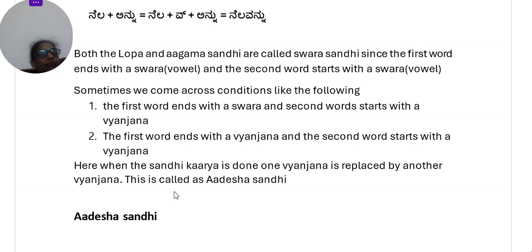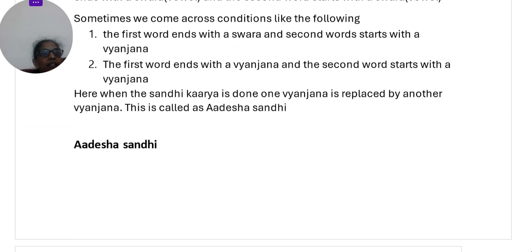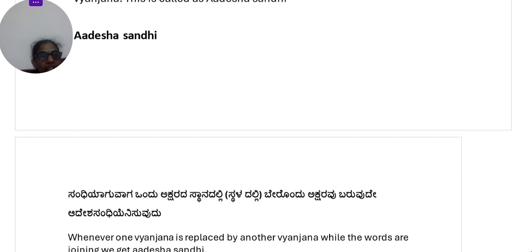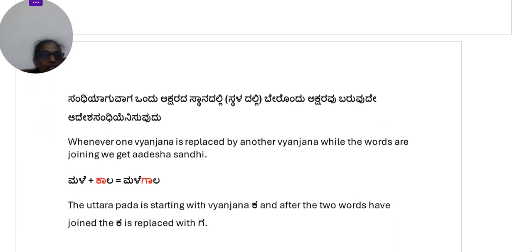And there is one Kannada Sandhi which is a Vyanjana Sandhi, that is the Adesha Sandhi. In Adesha Sandhi, when we are doing the Sandhi Karya, one Vyanjana will replace another Vyanjana. Like K will be replaced with G, T will be replaced with D. That is why it is called a Vyanjana Sandhi, because it is replaced with a Vyanjana.